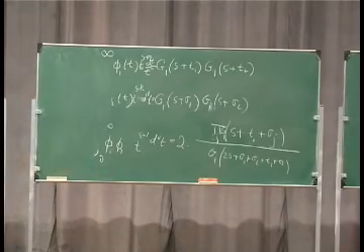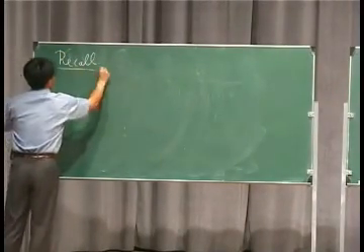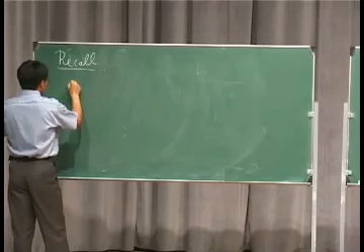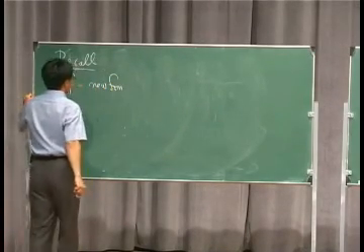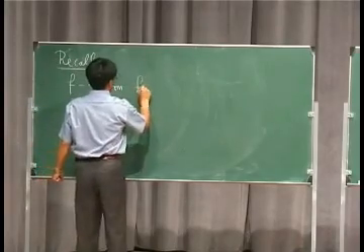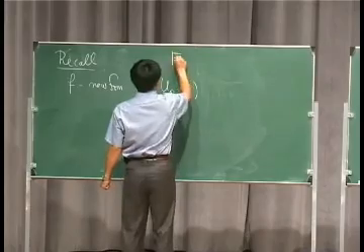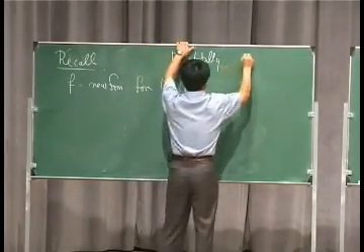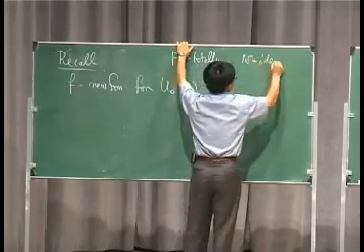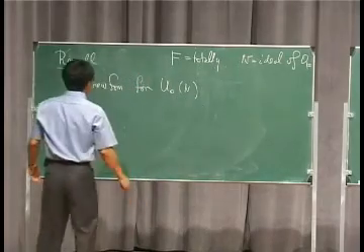Okay, so yesterday, let's just recall what we have done yesterday. We started with a newform, and for Gamma_0(n), of course, we have a totally real field, and this n is an ideal of O_F.